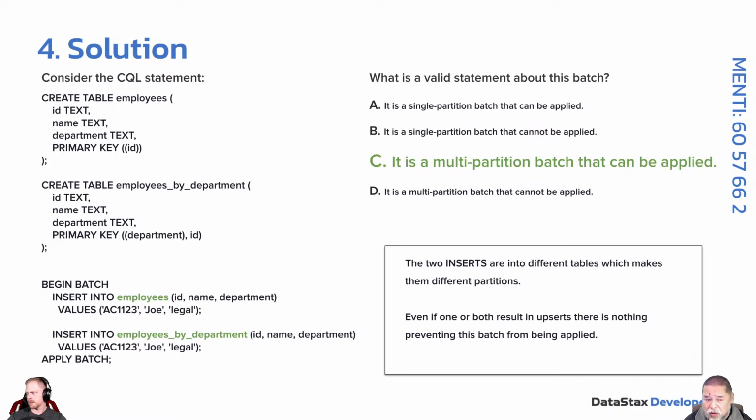You may say, Dave, what could cause them not to be applied? Well, not defining the primary key would be one thing, but a duplicate primary key would not prevent this. That's a double negative. With a duplicate primary key, this could still be applied because it would be an upsert, because this is Cassandra, not a relational database. So we can confidently say that this is a multi-partition batch, two different tables, and it can be applied.